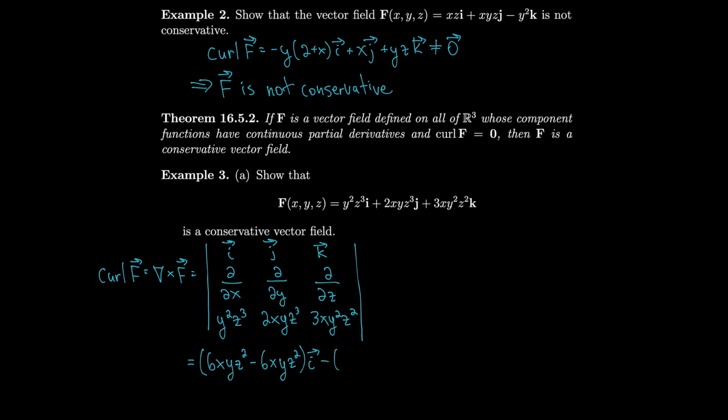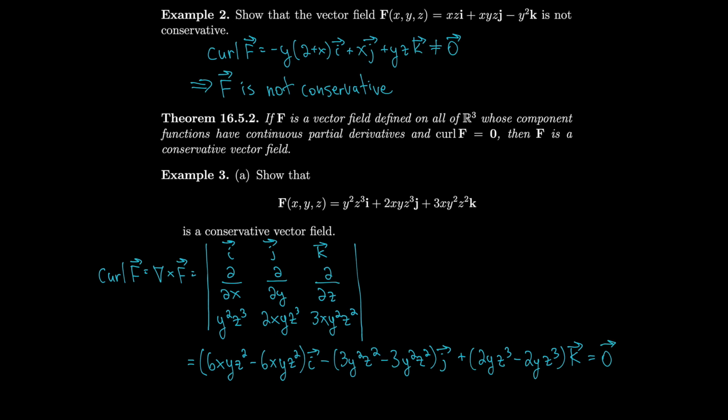We end up with 3y squared z squared minus 3y squared z squared. So that's another cancellation. And then 2yz cubed minus 2yz cubed for k. So that's the 0 vector because every single one of those components cancels.